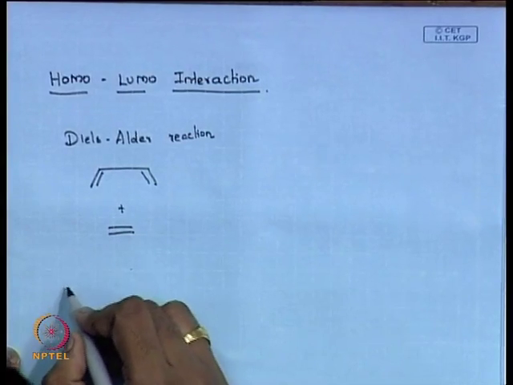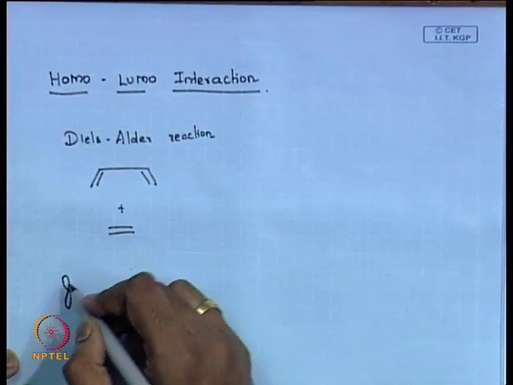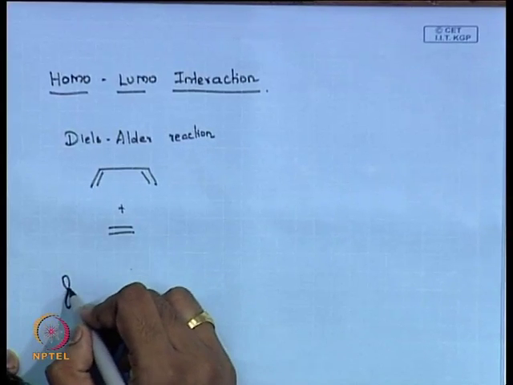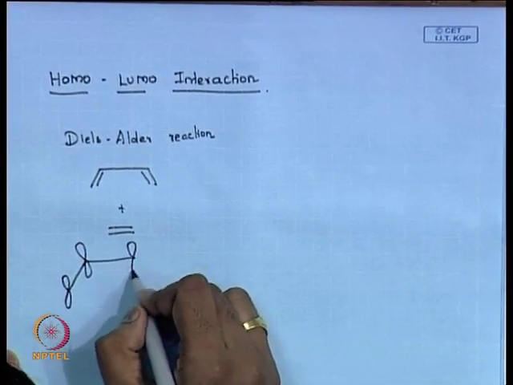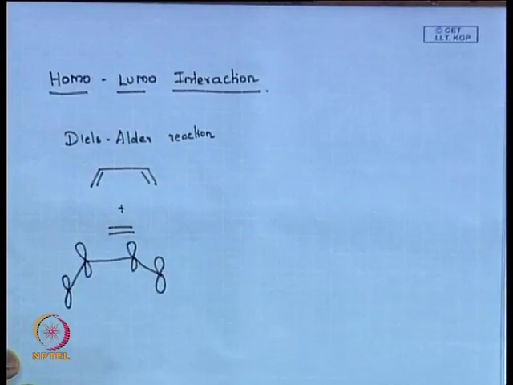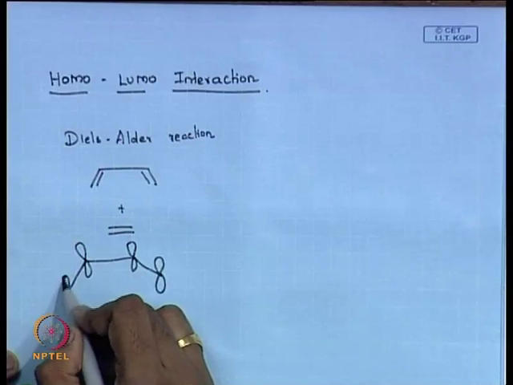So, if we draw the structure more clearly, we will draw the HOMO of your butadiene.